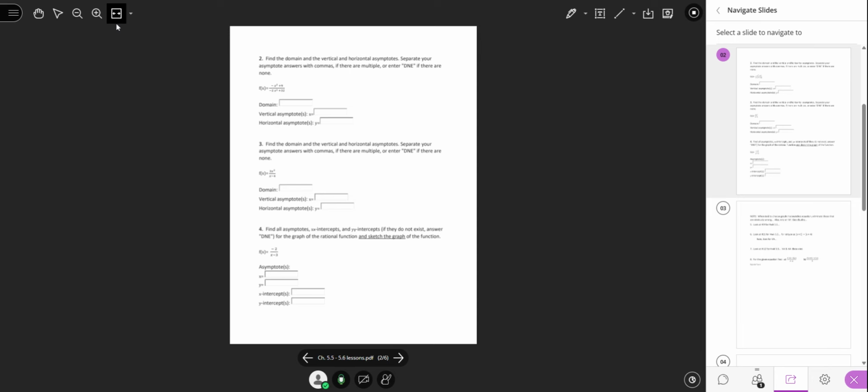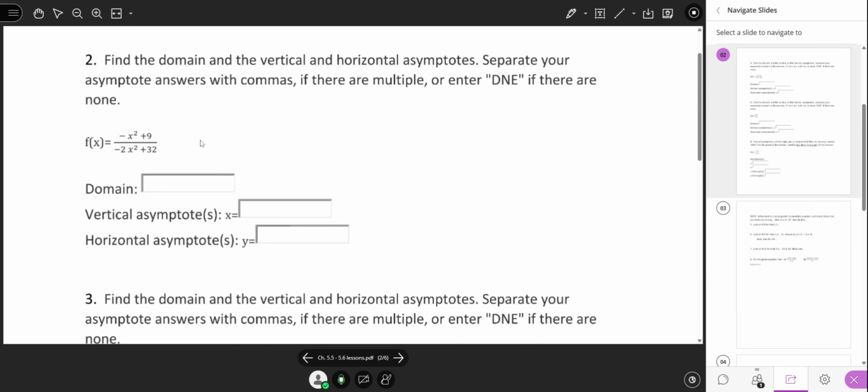Now, here we have to graph it first. Let me write it down.